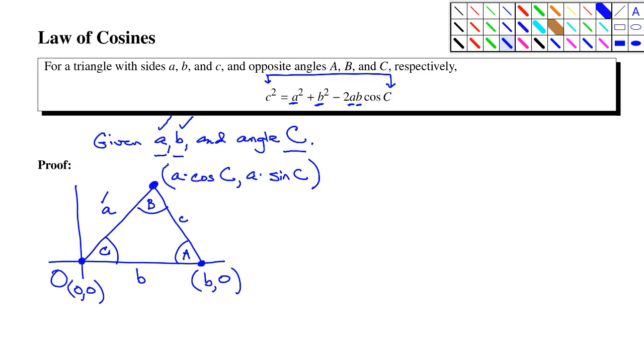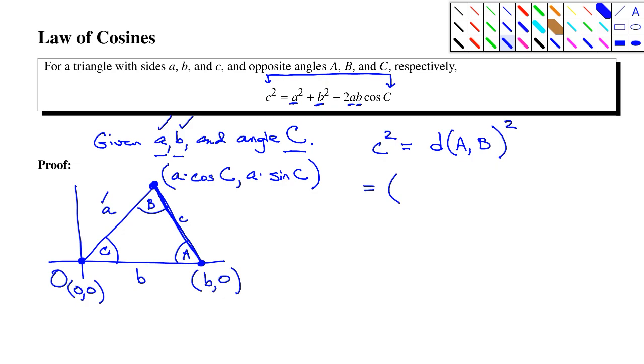Now what we want to do is find the side length c. So we're going to go with c squared is equal to the distance from point A to point B squared. So c is the distance from A to B. We square both sides. No big deal. And the reason I squared both sides is because I want to use the distance formula, but I want it without the square root. So now it's just the difference in the x's.